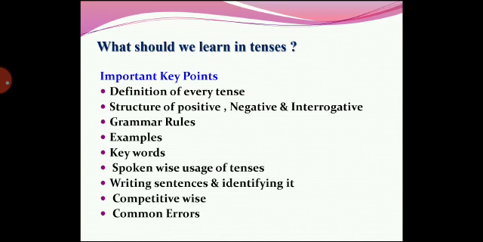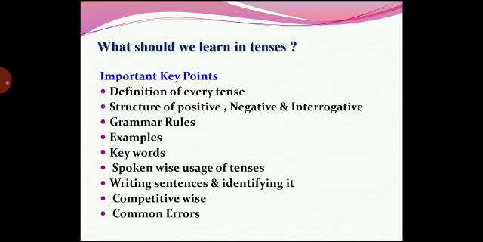Somebody may ask you, what do you want? I want your mobile. I want your book. I don't want your book. Do you want my book? Do you want my mobile? If it is third person singular: she wants your mobile, she doesn't want your mobile. In such a way, the simple present tense.